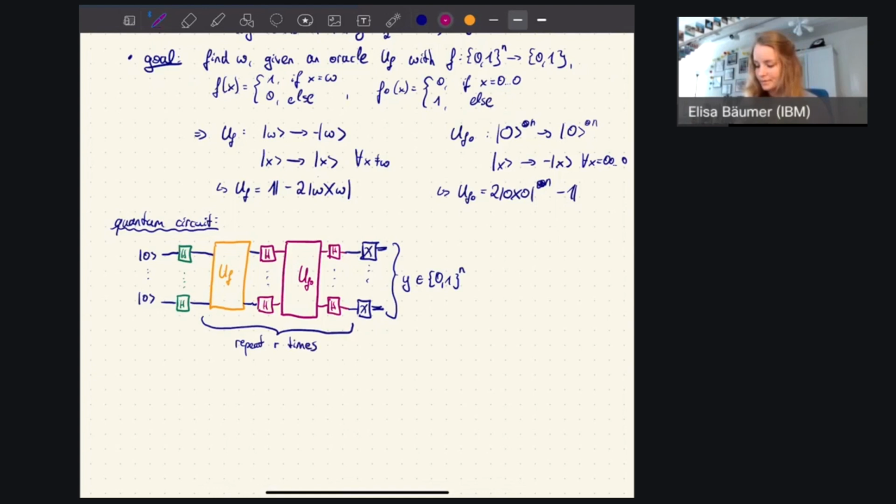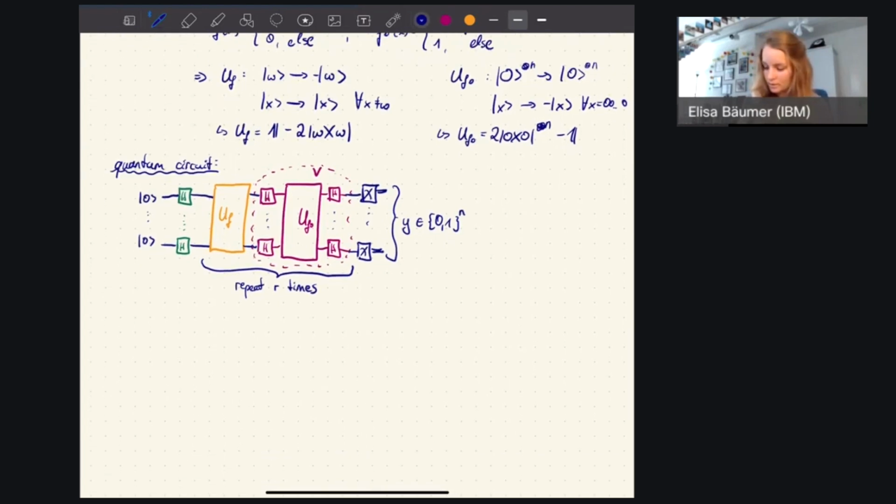You will see that later. We'll define r later. And everything that I colored here in purple, we'll give a different name. We'll call it V. So the claim I make in this case is that y, our output bit string that we measure, equals W, the element we're looking for, with very high probability.